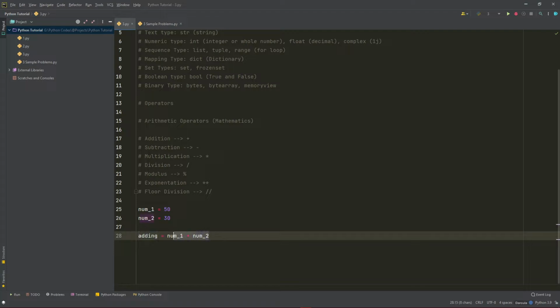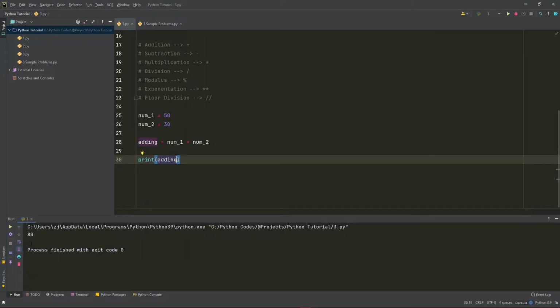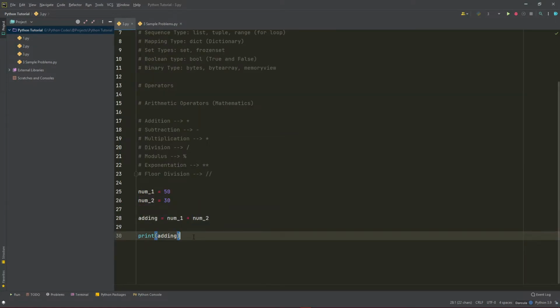Basically, the addition of num1 and num2 is stored inside the adding variable. Okay? Now, if you want to print the adding, just print the adding. And then you're going to arrive at the same answer, but it will look neat and clean. Okay? So you can do that.